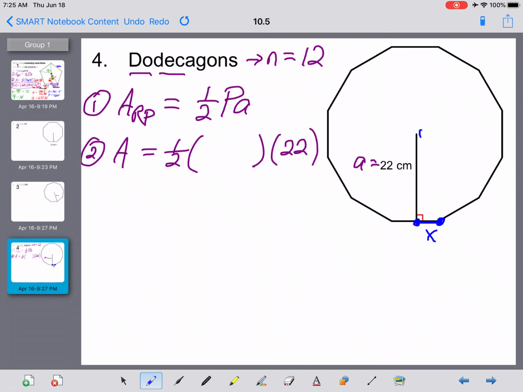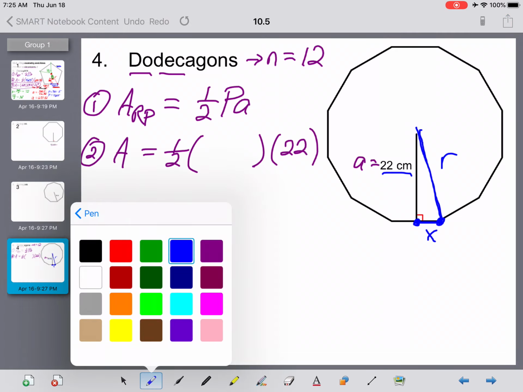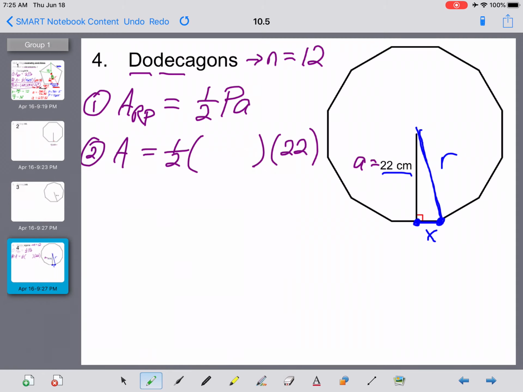So to do that, we're going to make this triangle right here by drawing a radius. So there's R. We have our apothem here. This leg is 22 centimeters, and we've got to try to figure out X. So, once again, finding the measure of a central angle is key. So, theta is 360 divided by n, your number of sides, which in this case is 12.